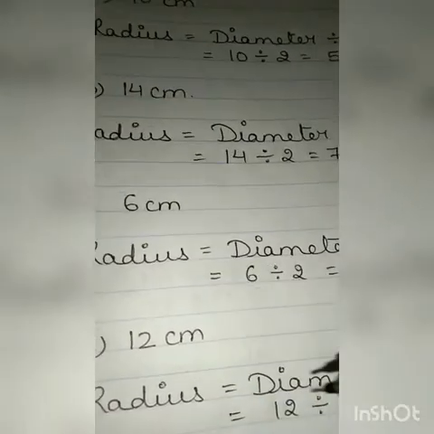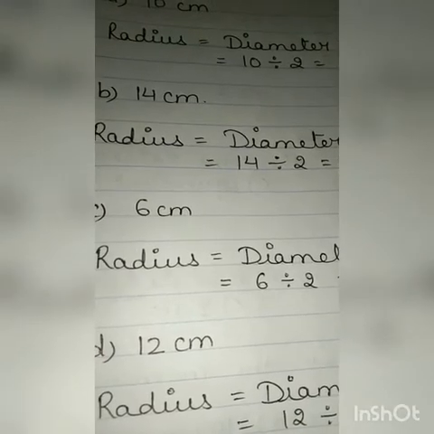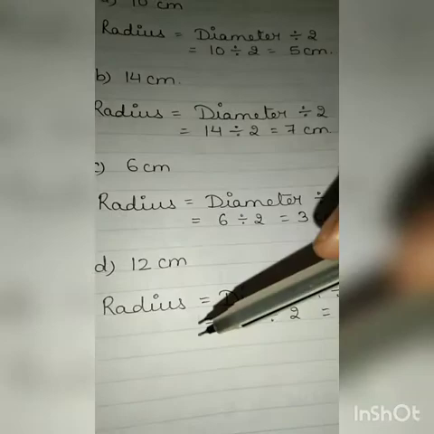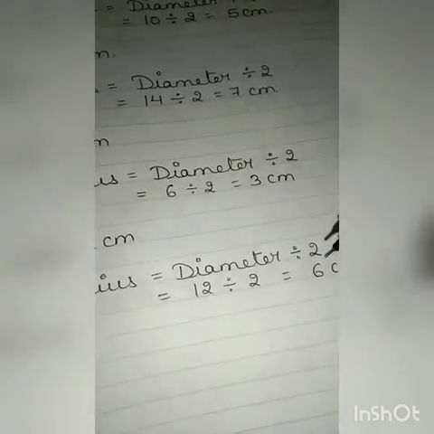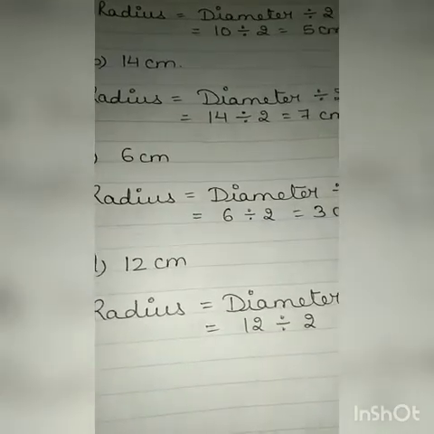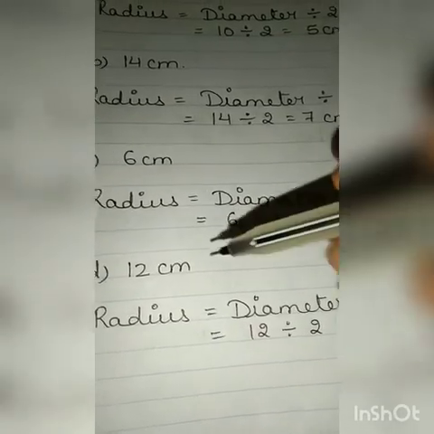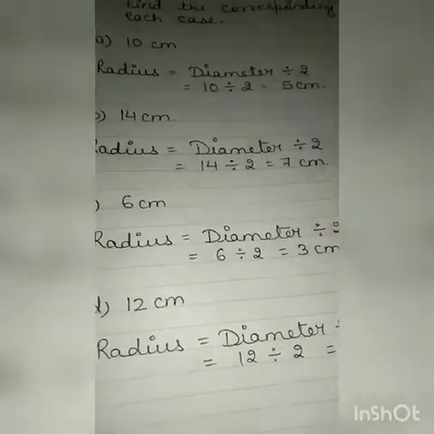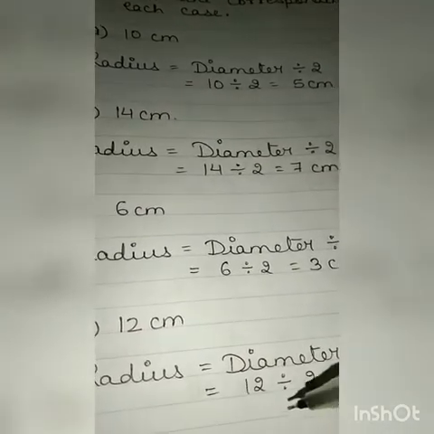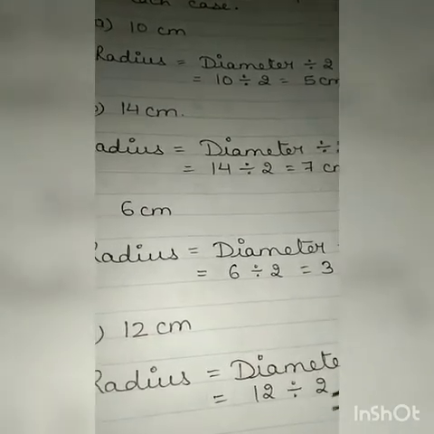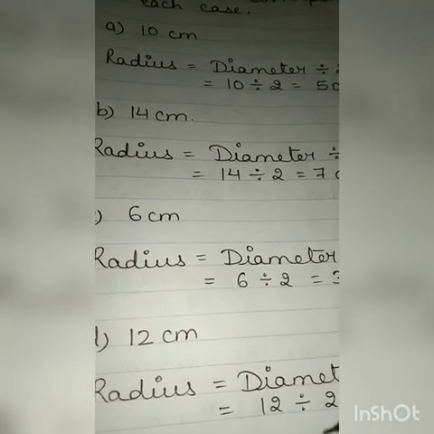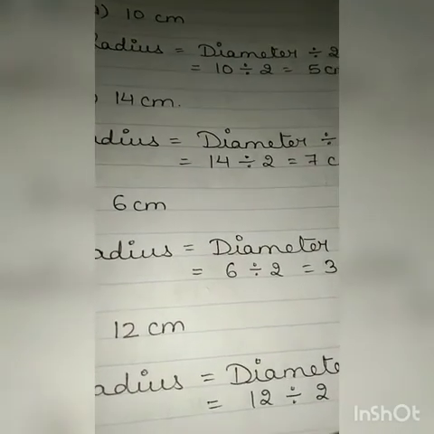So 12 centimeter is the diameter, and you have to find out the radius. So put the formula of radius. Radius is equal to diameter divided by 2. So 12 will be divided by 2. How many times does 12 come in the table of 2? 2 1s are 2, 2 2s are 4, 2 3s are 6, 2 4s are 8, 2 5s are 10, and 2 6s are 12.